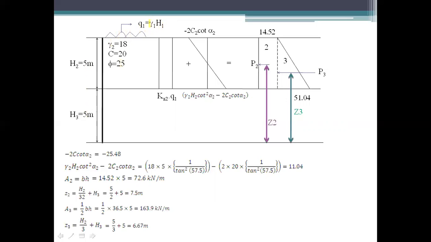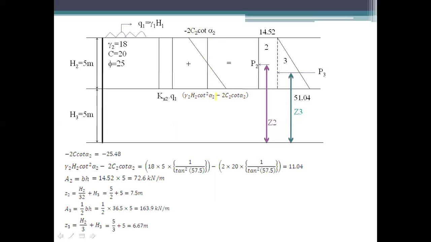So for this surcharge loading, you will have a rectangular diagram of base Ka2 into Q1, plus there will be one negative diagram and one positive diagram. For the negative diagram, the formula is minus 2 C2 cot alpha 2, and for the positive diagram, gamma 2 H2 cot square alpha 2 minus 2 C2 cot alpha 2.